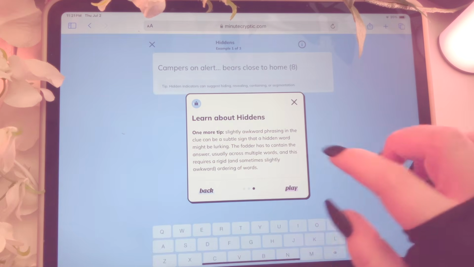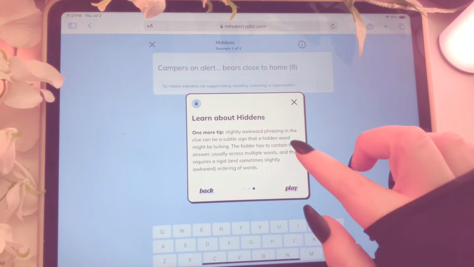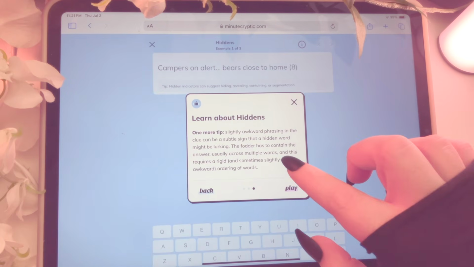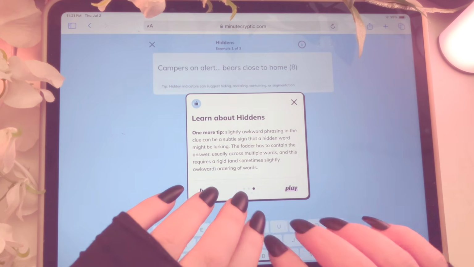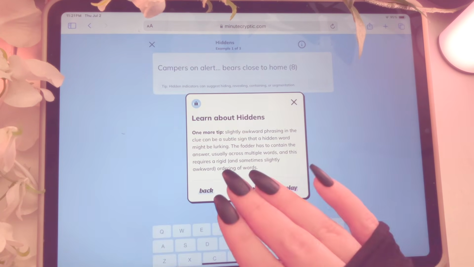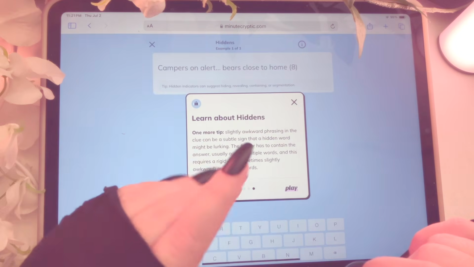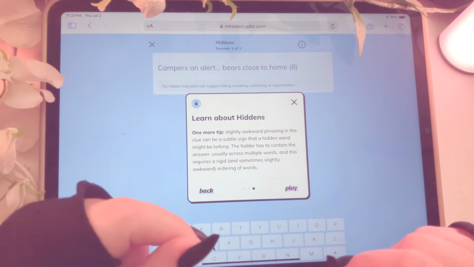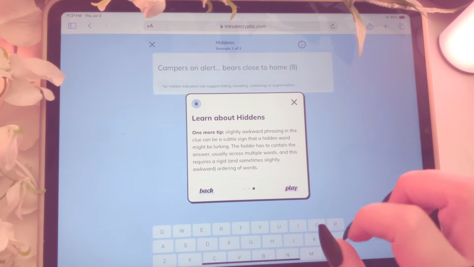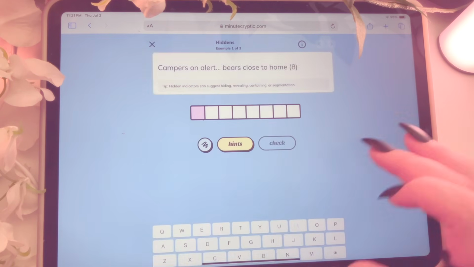One more tip: slightly awkward phrasing in the clue can be a subtle sign that a hidden word might be lurking. The fodder has to contain the answer, usually across multiple words, and this requires a rigid and sometimes slightly awkward ordering of words.